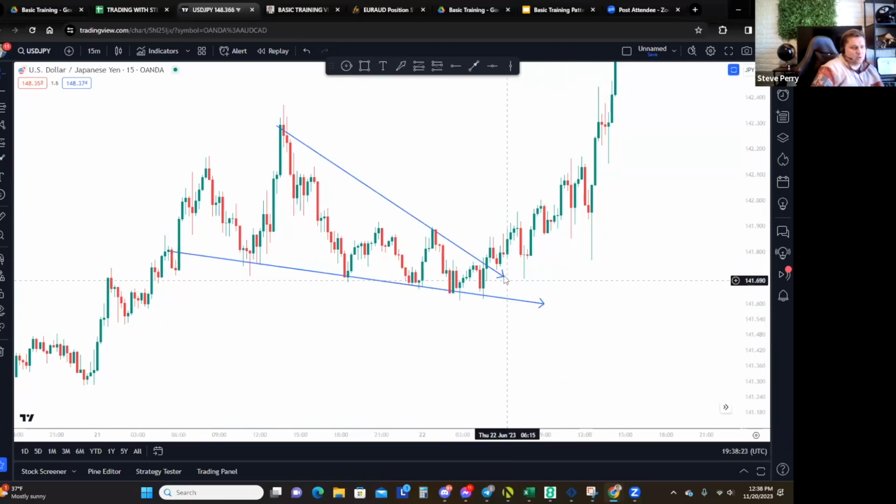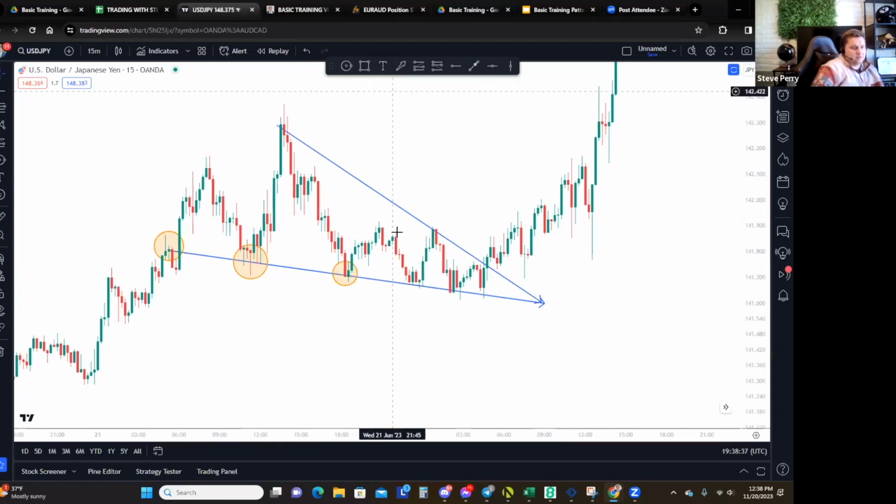See this? This is called a wedge right here. So basically, you've got this nice trend line right here to the downside, but everything is just kind of funneling into this corner.